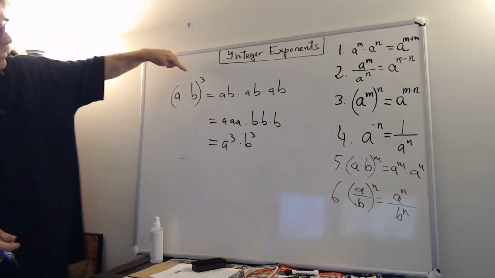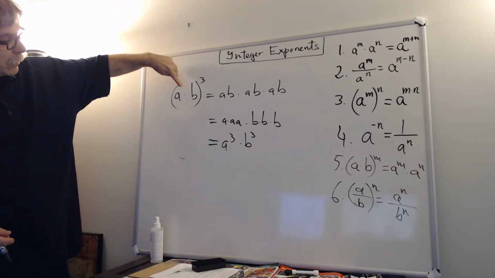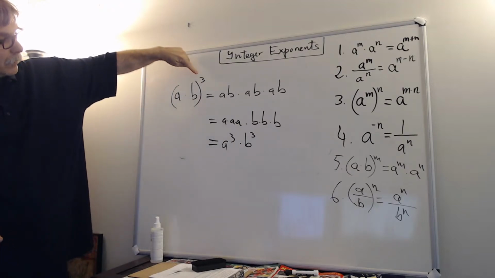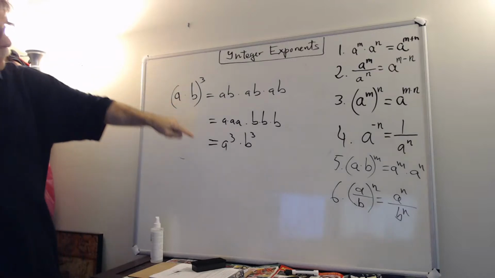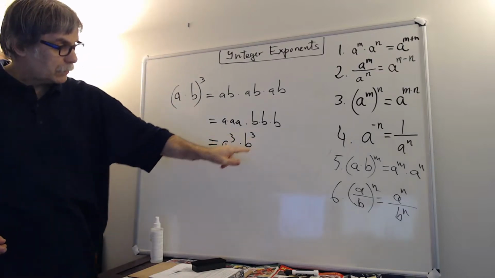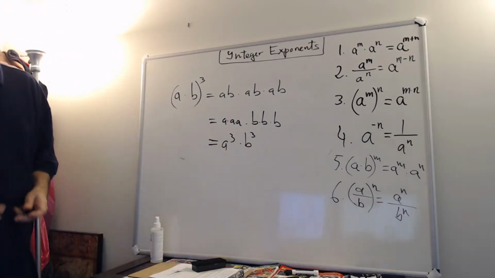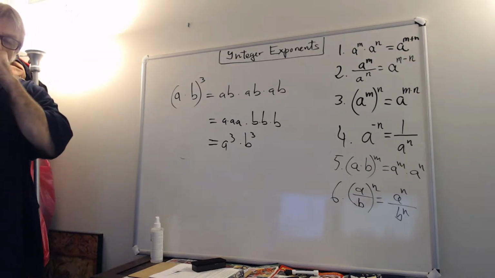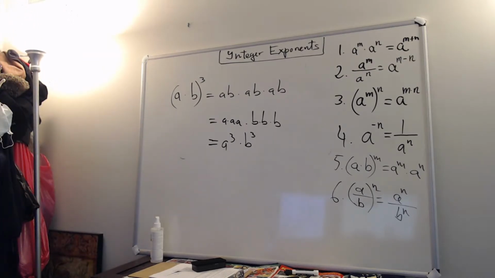So which means that you can reverse this: product first, power second. You can reverse this: power first, product second. So you can reverse the order, but only this way.